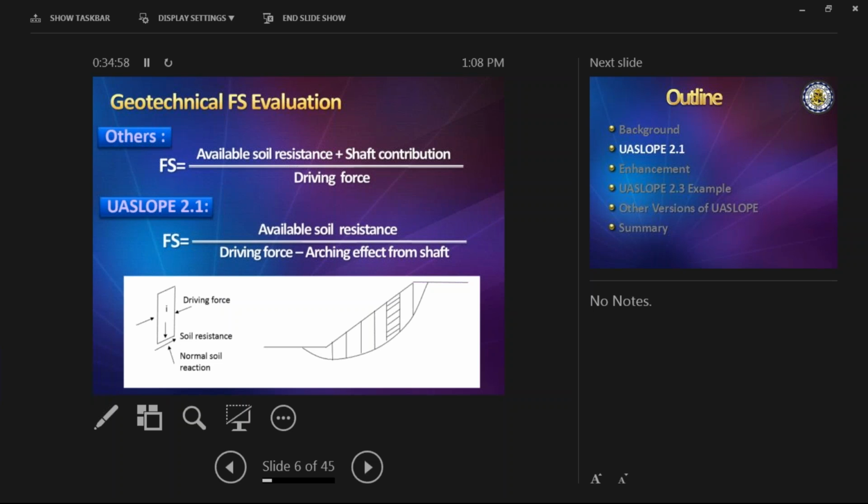But the question is, how do you calculate that contribution from the drill shaft? There are people using the strength of the concrete as an additional shear strength, which seems to be very, very conservative because the strength of that drill shaft can be very large.